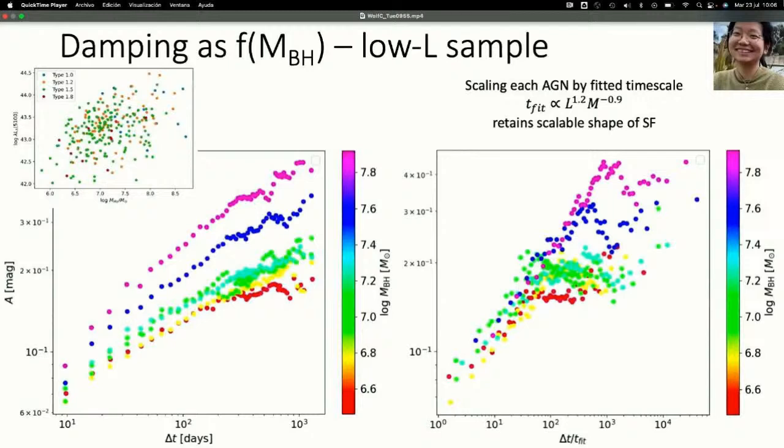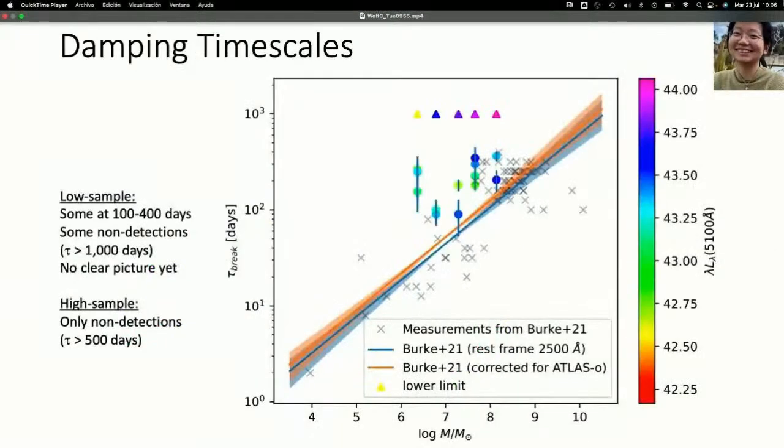That's shown on the right-hand side of the plot. Now, these timescales depend on luminosity and mass. And we can then also compare with the damping timescales by Burke et al. We find some detections in the range of 100 to 400 days, but also we get plenty of non-detections, or rather lower limits on the timescales.